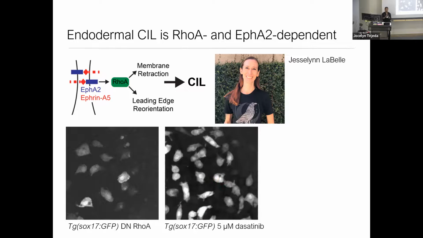There was a cell that just glided past another cell and didn't change its direction in response to collision. This was using a small molecule inhibitor of the FA2 receptor. So either by turning off RhoA activity or the activity of the receptor, we can block this CIL response. That allowed us to ask what contact inhibition is good for: how does this affect overall endodermal migration?